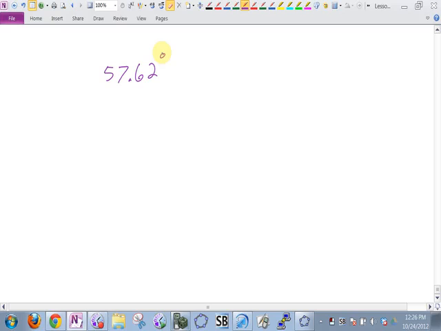Why wouldn't we just say 57.62 degrees? Well, think about this. What time is it right now? Right now it's 12:26. If you think about it, that makes no sense. Instead, it should be 12.43 repeating o'clock.